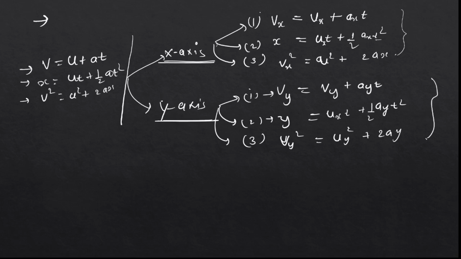So this is how these equations are modified, and you can find any of these things, like velocity, acceleration, or time, whatever is asked in that problem. These equations are only for plane motion.